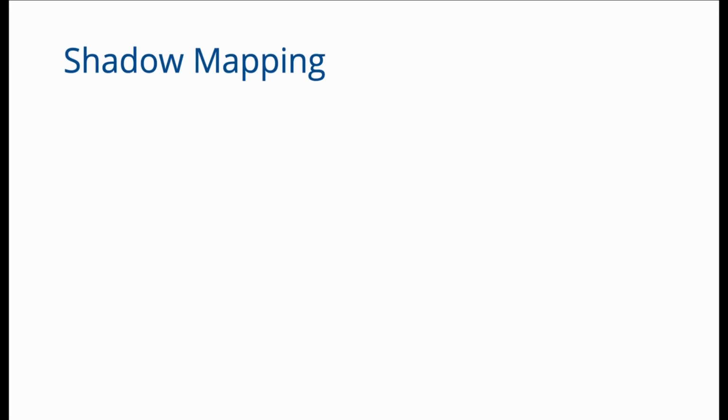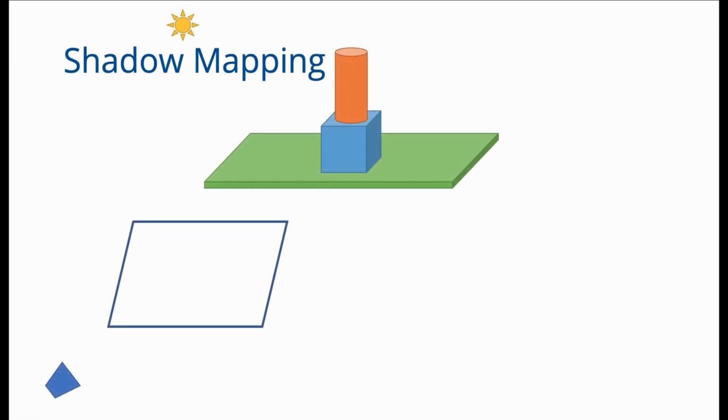So consider that you have a light source. So this is the light source, and you have some 3D scene, and you are trying to render it from a camera and create an image. The question that you are trying to answer for every pixel on this image is whether a pixel p on this image is in shadow or not.